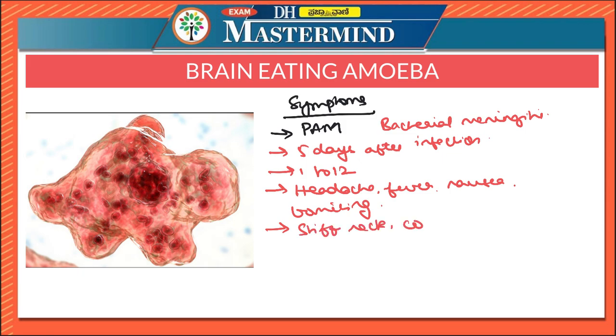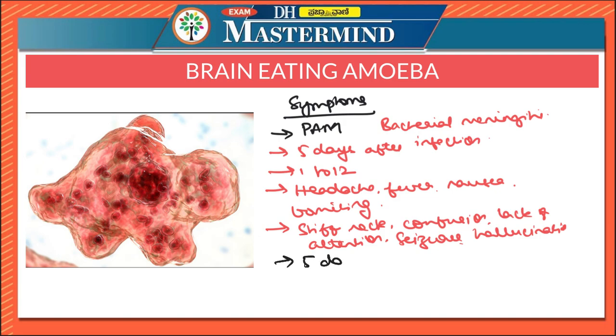Stiff neck, confusion, lack of attention to people and surroundings, seizures, hallucinations, and coma. After symptoms start, the disease usually progresses rapidly and usually causes death within 5 days, because the infection destroys brain tissue.